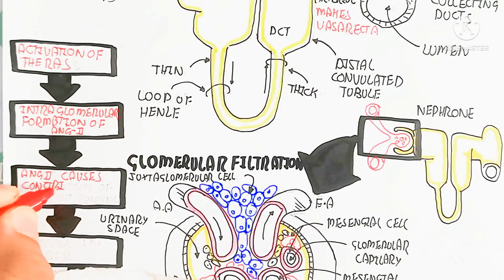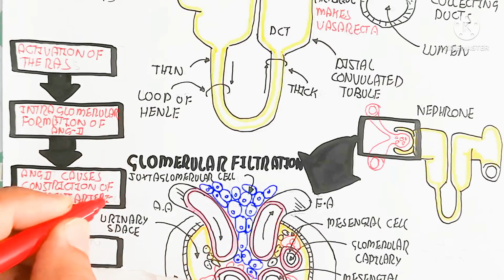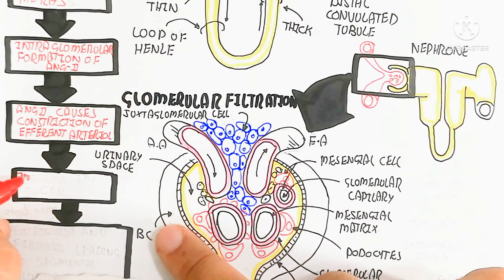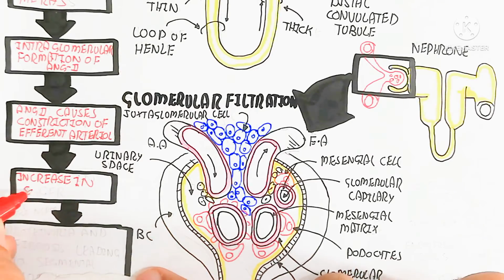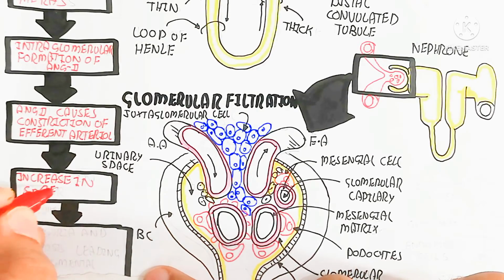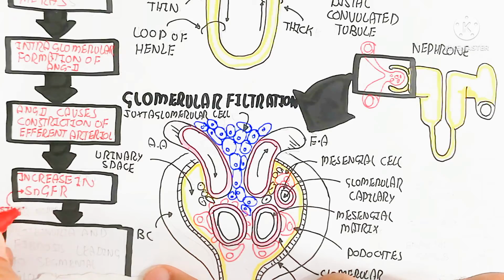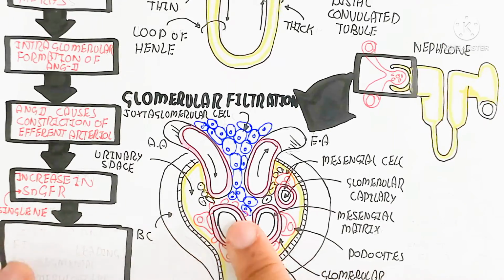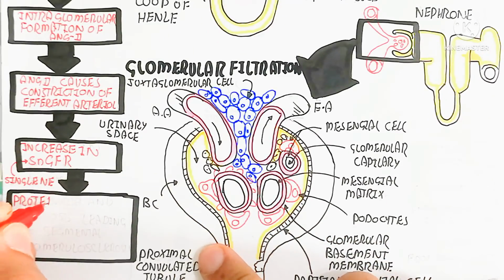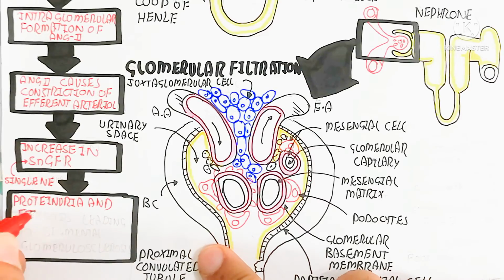And here, activation of the RAS, the renin-angiotensin system, leads to intraglomerular formation of angiotensin 2. Angiotensin 2 causes constriction of the efferent arteriole, which leads to an increase in the single nephron glomerular filtration rate.